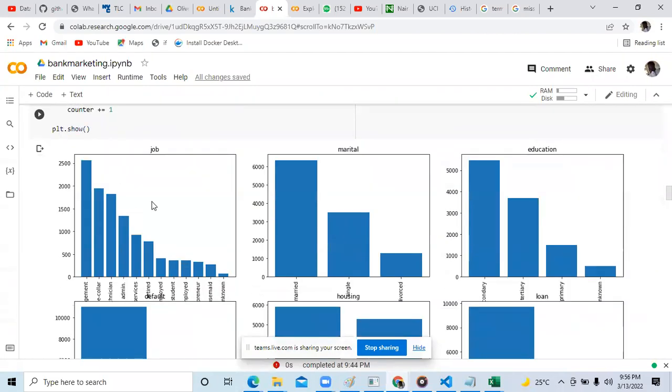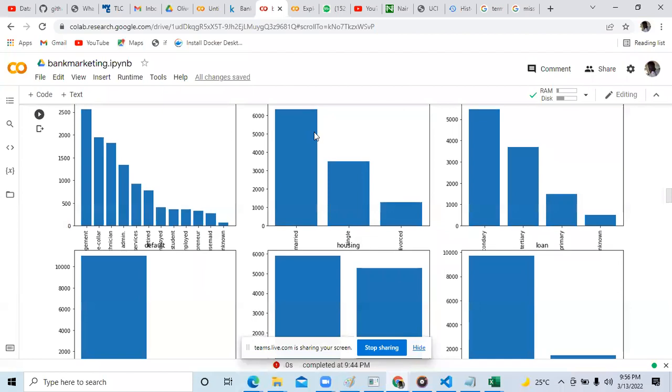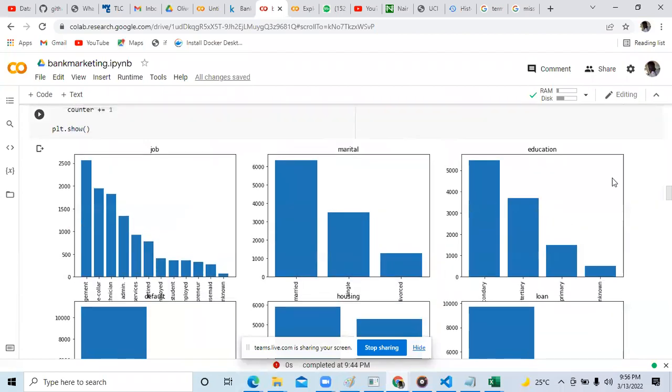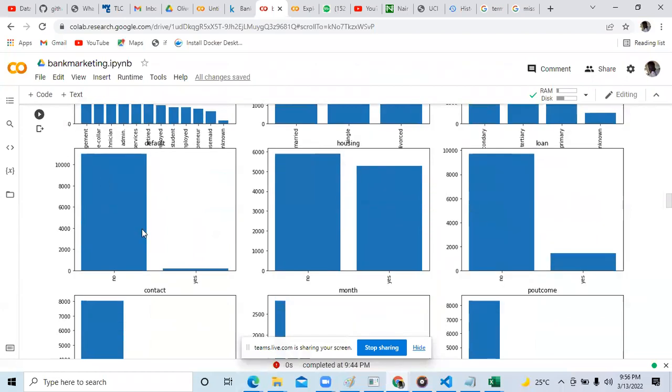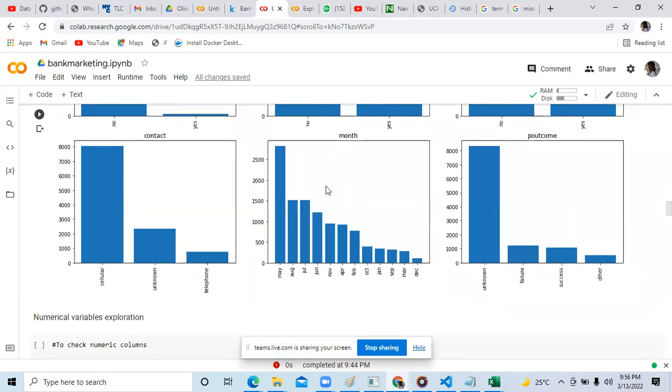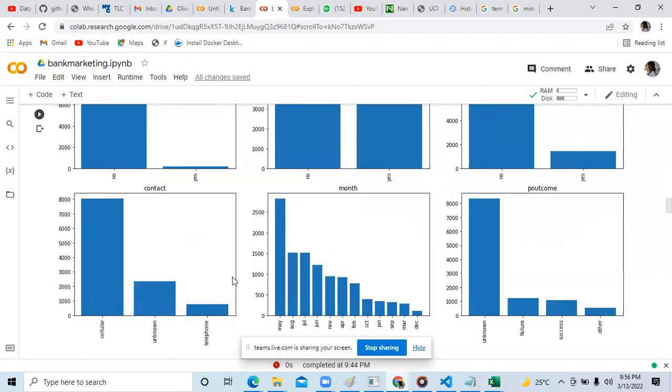Job is not perfectly normal, but it looks just okay. Marital is just okay. Education is just okay. Default is not okay, but at the same time it's just okay. It means that we have a lot more people not defaulting than defaulting. All of these are not bad.